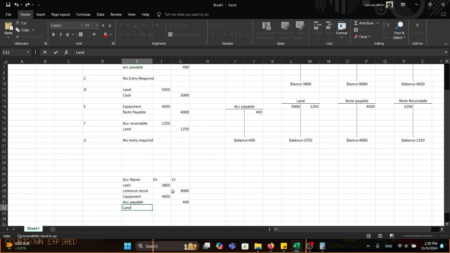Land is 3,750 on the debit side. And we have note payable.